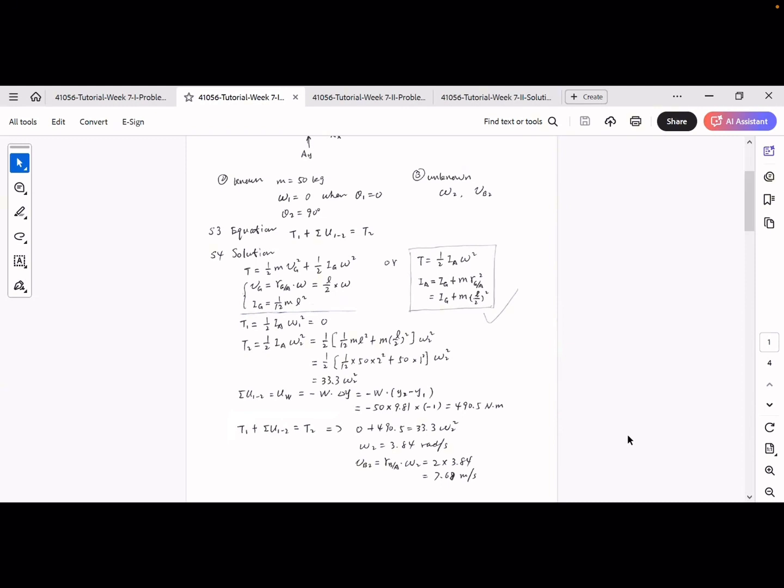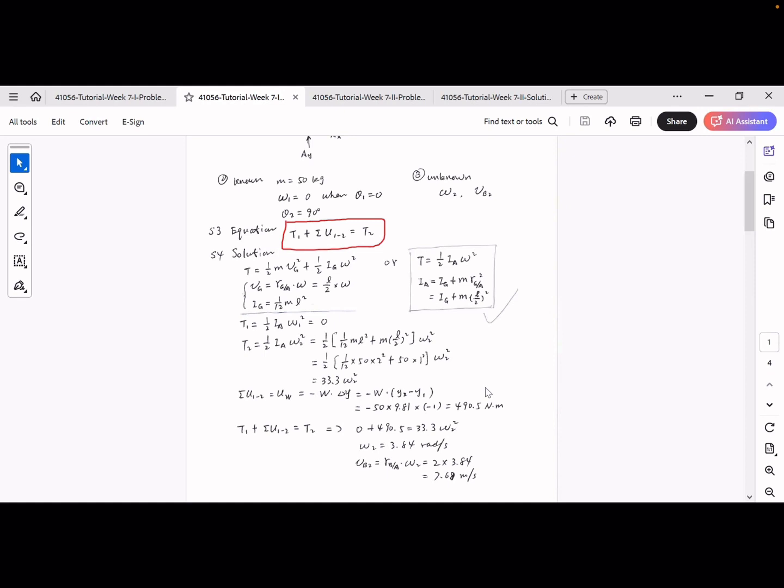I'll leave it with you for a couple of minutes. It's not difficult. All we need to do is decide on the equation, know how much T1 and T2 are, and look at what forces are doing work. Just keep in mind, work is force times distance.